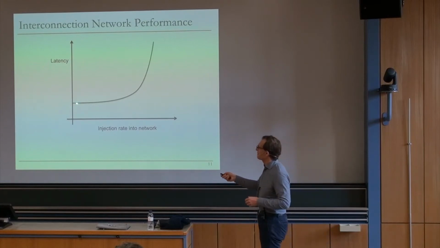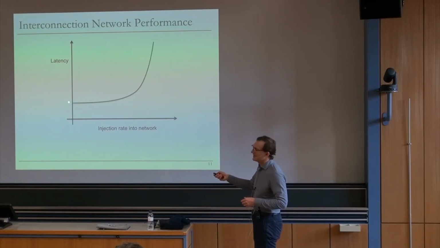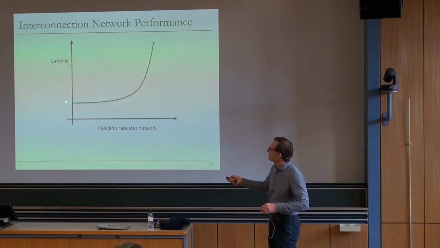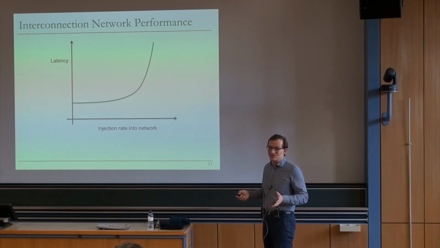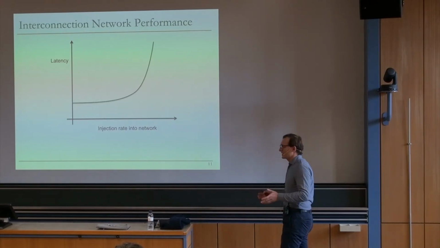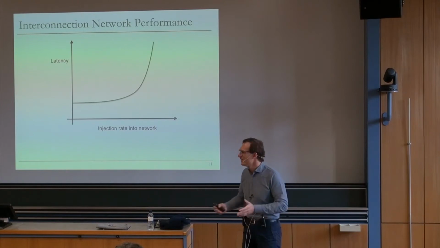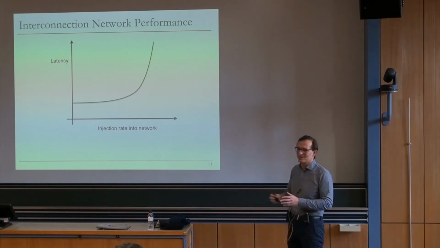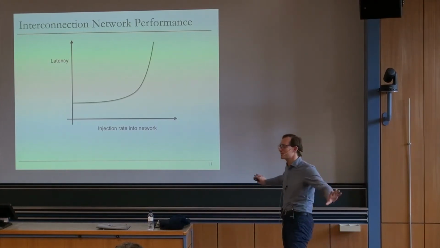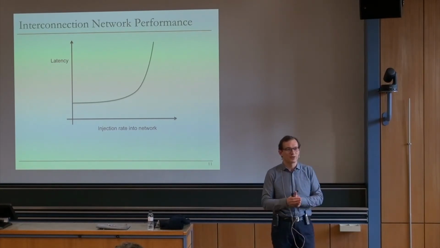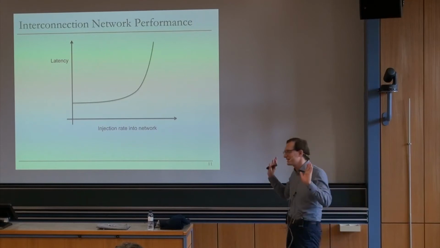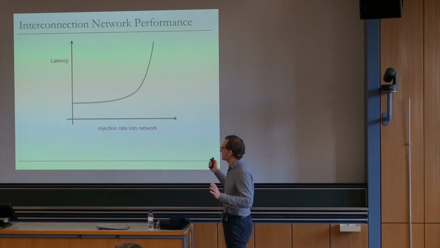Essentially you have some point where you're not injecting anything. You have some latency that's minimal, right? That's called zero load latency. Of course, if you're not injecting anything, how do you measure something? You don't. Basically, this is assuming some traffic pattern, if the network is not loaded, how long will it take for the packet to go from a source to a destination, right? That's what zero load latency means.